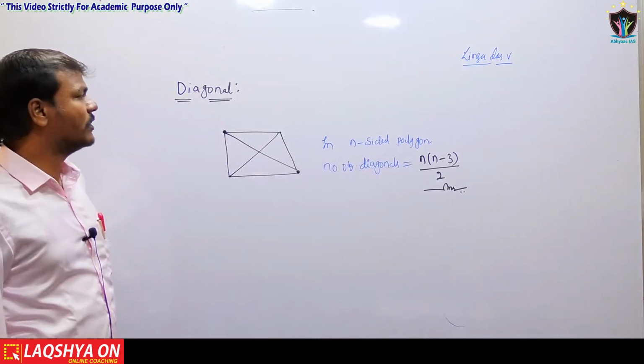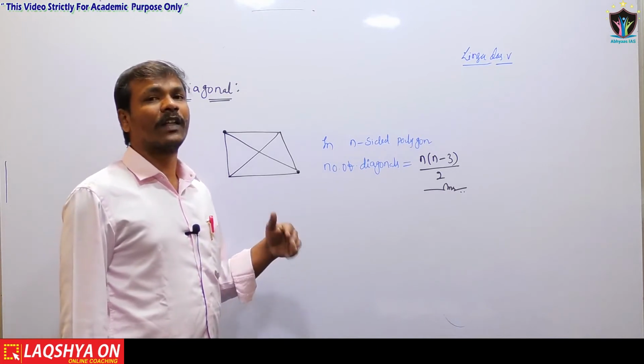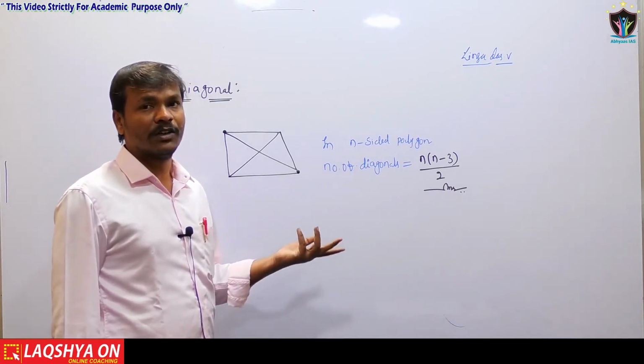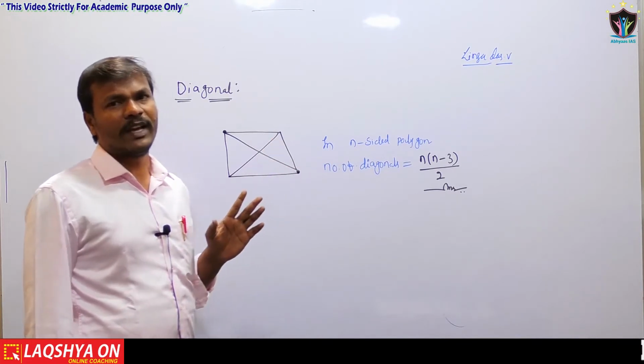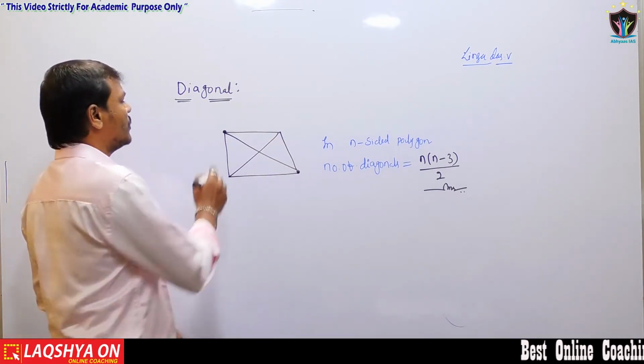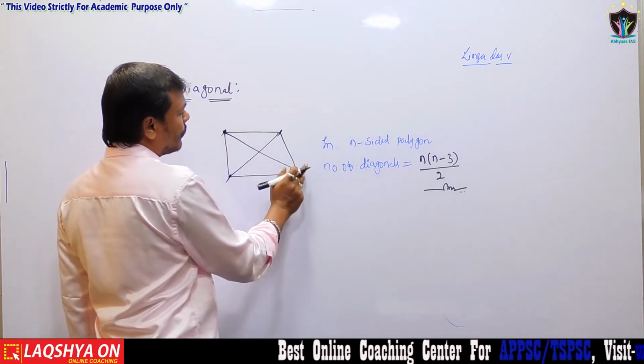That's simple. There are n vertices. From each vertex, we can draw diagonals to all the vertices except 3. So from this vertex, 1, 2, 3, except these 3, we can draw the remaining ones.